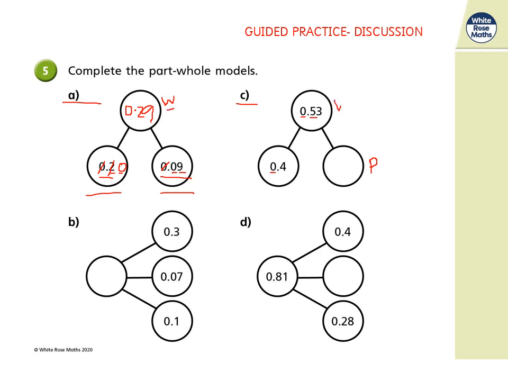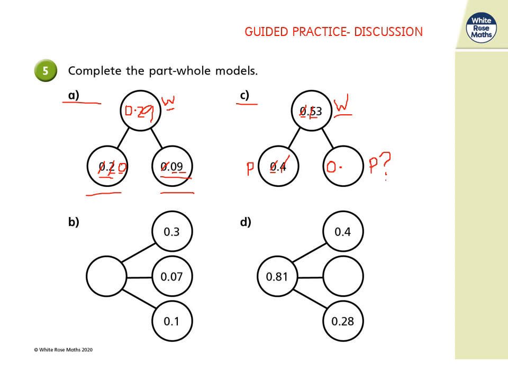Here I already have the whole, okay, and I have a part, so I need to work out this missing part. Now I don't have any ones, we've established that in the whole, so I don't need to think about what is in my ones column. But I do also need to make sure that I'm considering that really important placeholder when I'm writing my next decimal.